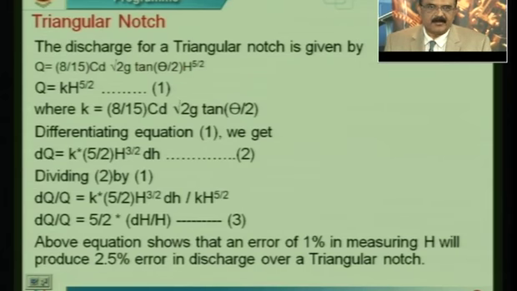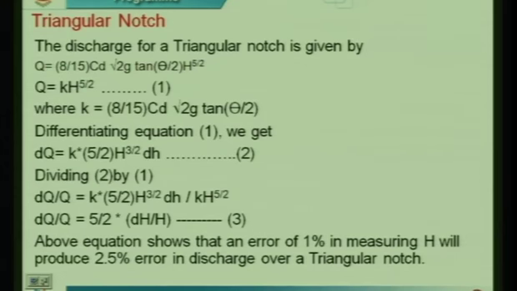In case of a rectangular notch, it will be 1.5% discharge error for 1% error in the head, and in case of a triangular notch, for 1% error there will be 2.5% error in the discharge. I hope things are clear.